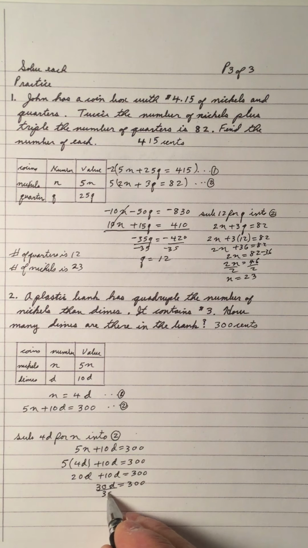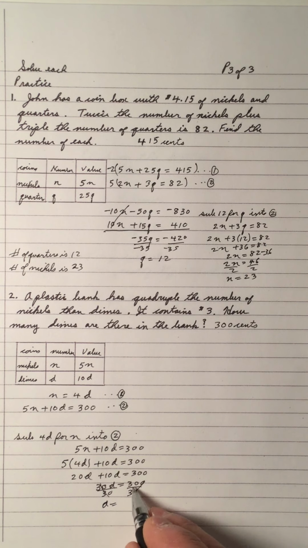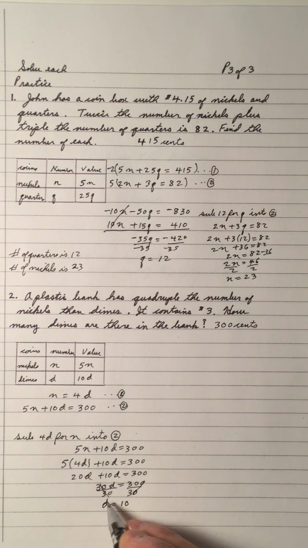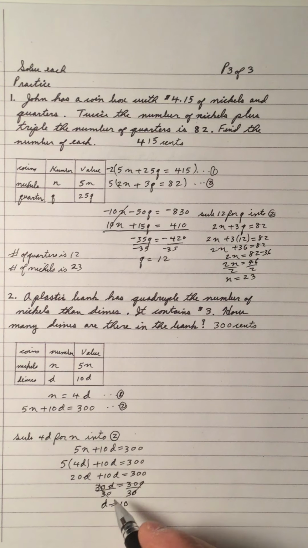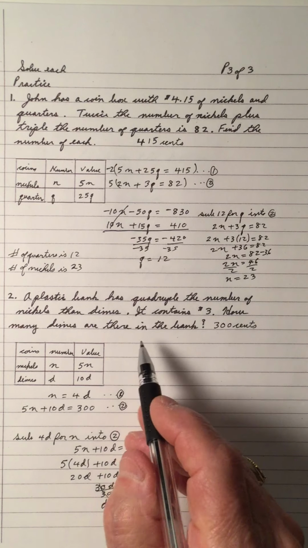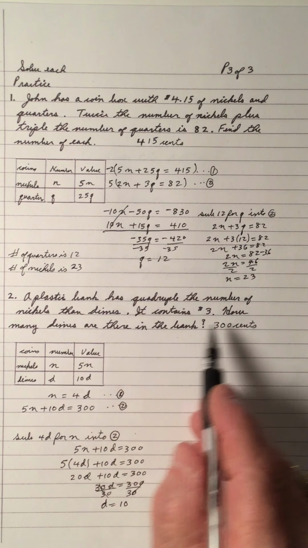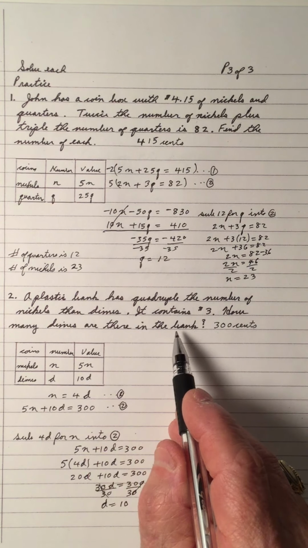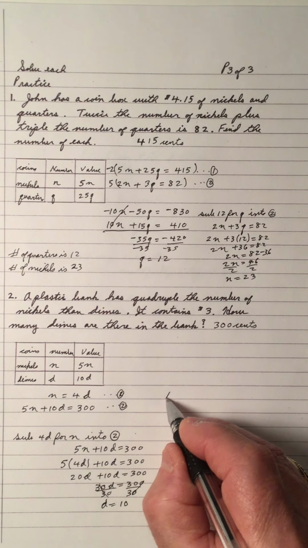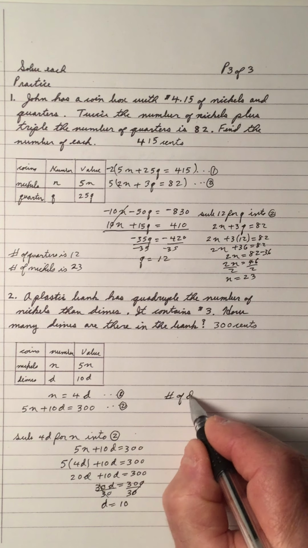I divide each side by 30, and d is equal to, cancel out the zeros, 30 divided by 3 is 10. So the number of dimes is 10. I don't have to go any further because it says how many dimes are there in the bank.